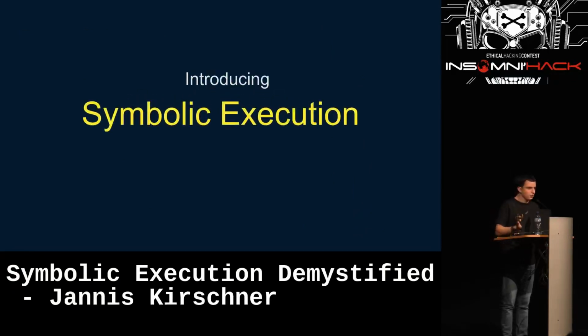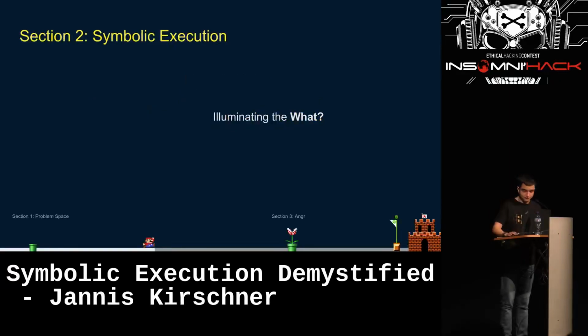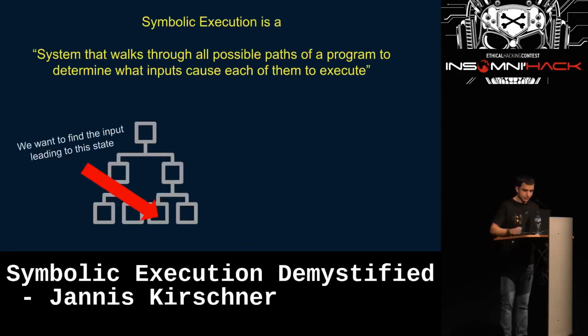So, how do those systems work? Imagine you have a certain state in a binary that's interesting. For example, you have some code that's been deobfuscated, you have a binary state that's unpacked, or you have, like in this case, a crackme that has a solution which says, hey, the crackme is solved.